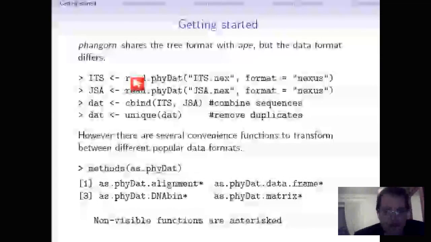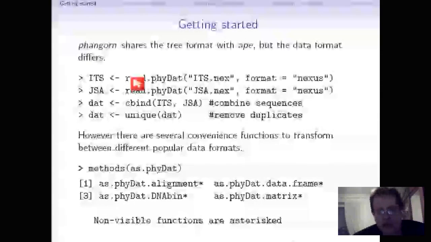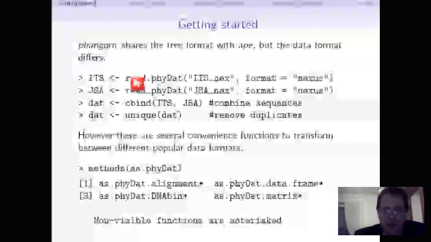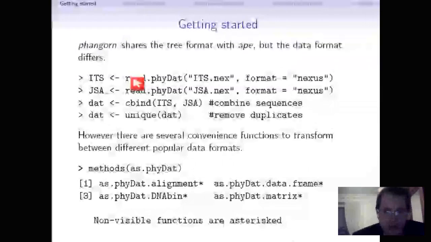I haven't really written many functions for how to read in data, but mostly use ape's functions and then convert them to a different data format, because for phylogenetic analysis I sometimes need a different format than the format Emmanuel uses in ape.